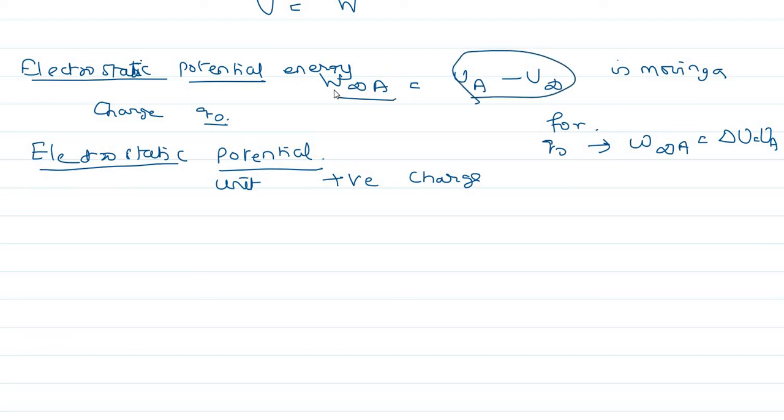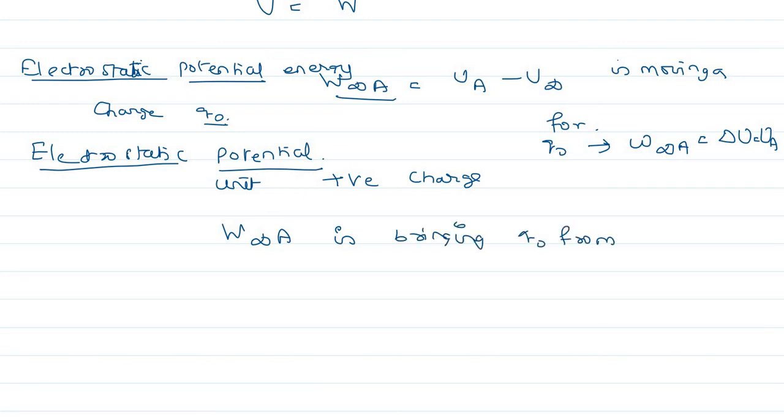If you talk about per unit charge, how much work you have done, in that case we call it electrostatic potential. See, this is the work done in bringing the charge Q naught from infinity.